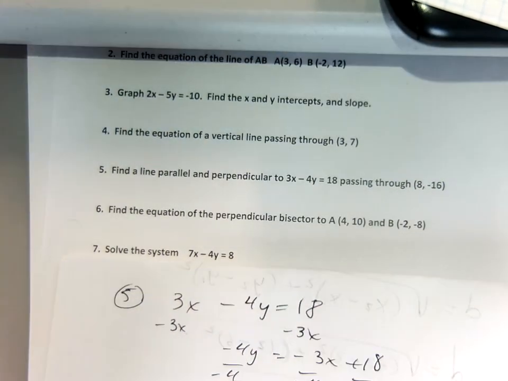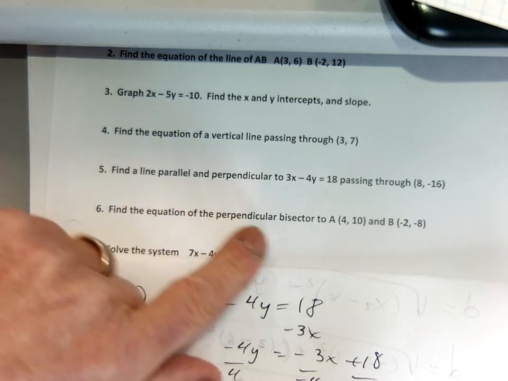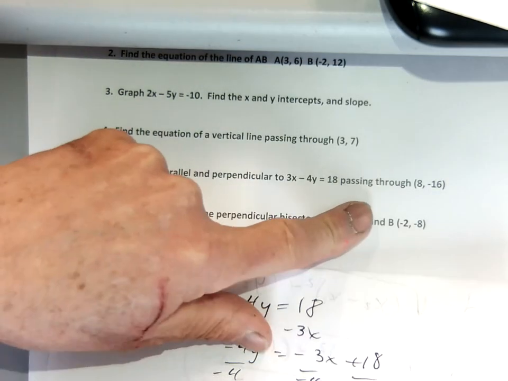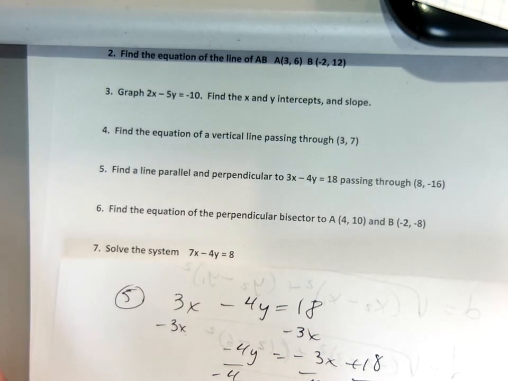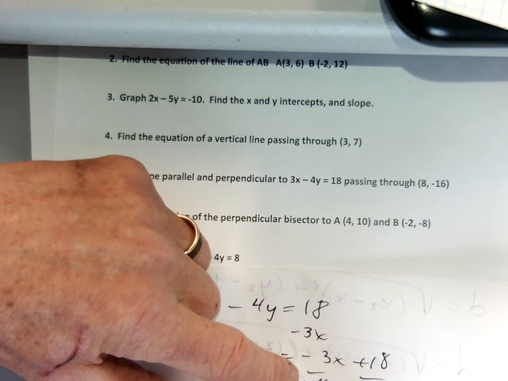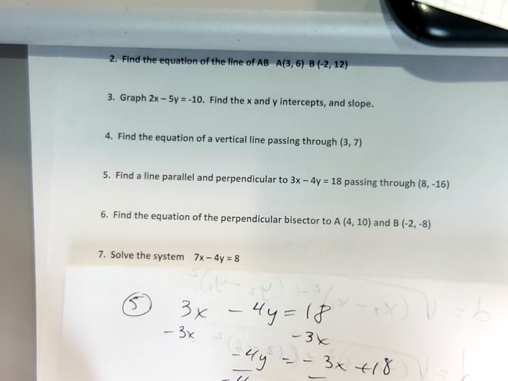So if I need a parallel slope, I'm going to go ahead and take the slope, and then what I'm going to do with it is use the point 8, negative 16, and I'm going to use my equation, which I like so much, y minus y1 equals m times x minus x1, and I'll put my 3/4 here. I'll put my y and x here. I'll go y minus a minus 16 equals 3/4 times x minus 8.